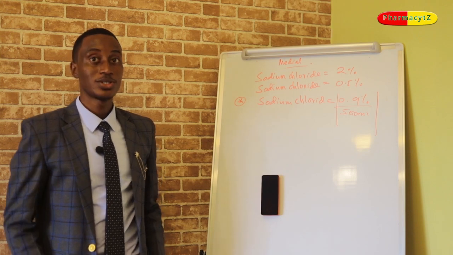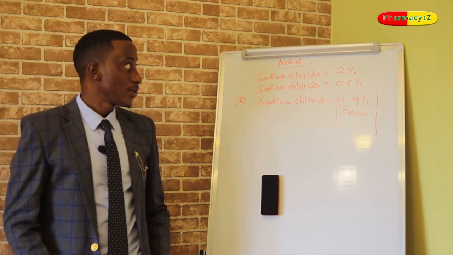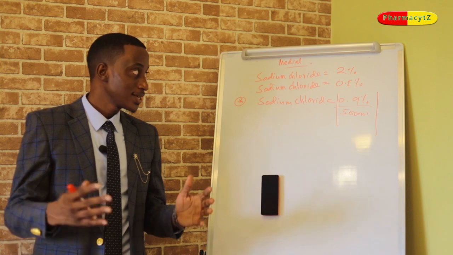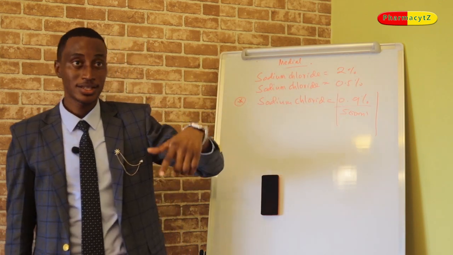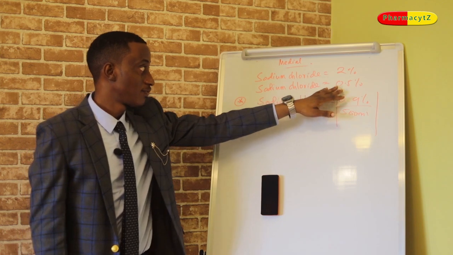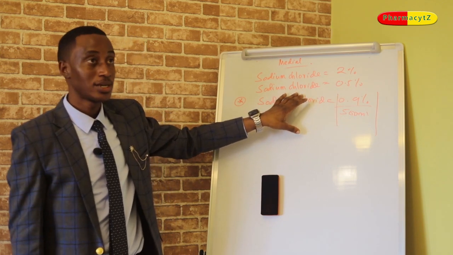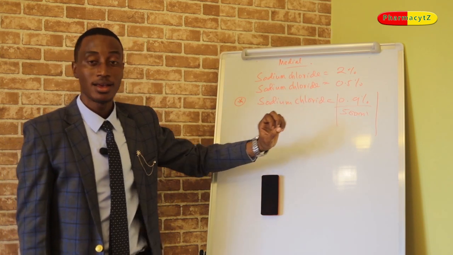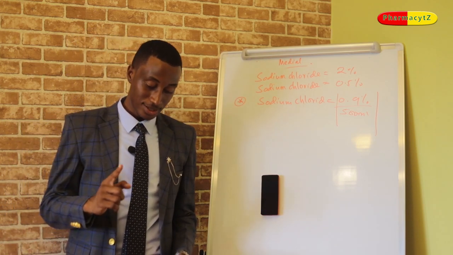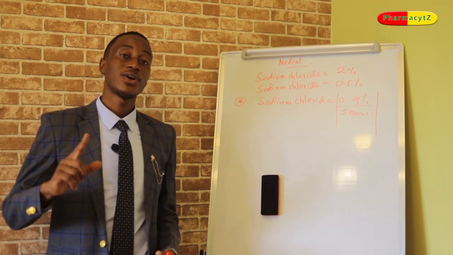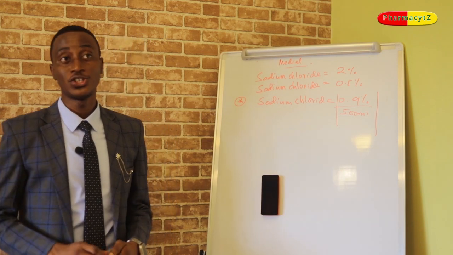So this is not magical. How are we going to do this? How do we know the exact volume to measure from sodium chloride 2% and the exact volume to measure from 0.5% sodium chloride to prepare 0.9% of 500 ml sodium chloride? In this case, we are required to find first the number of parts of each.